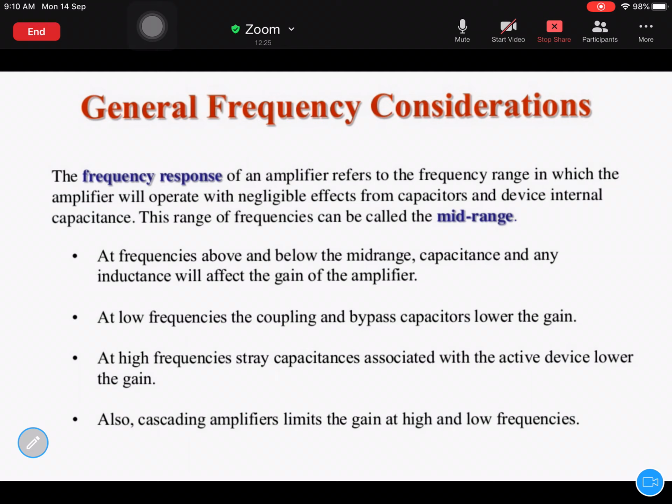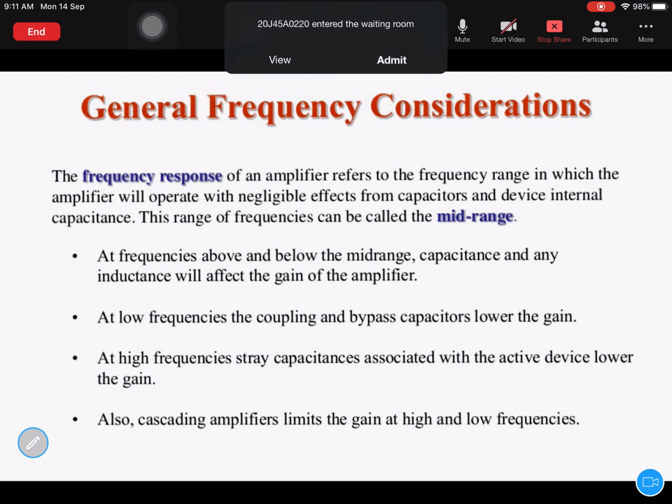To control the AC signal, you have to use some coupling capacitors and bypass capacitors, and there is also some internal capacitance present in the system itself. So you have to take all the effects of these capacitances, and we should make sure that the effect of this capacitance is negligible.